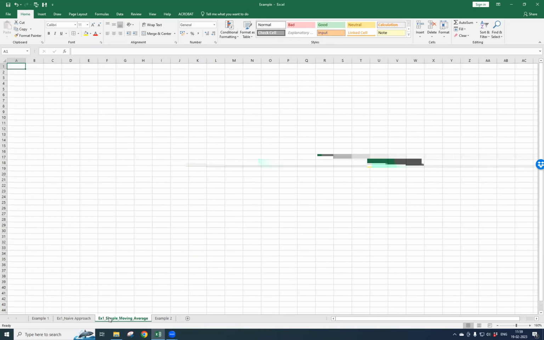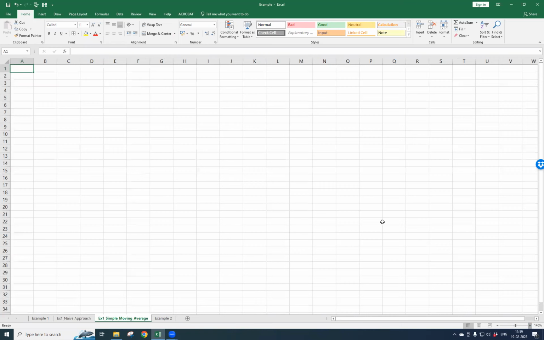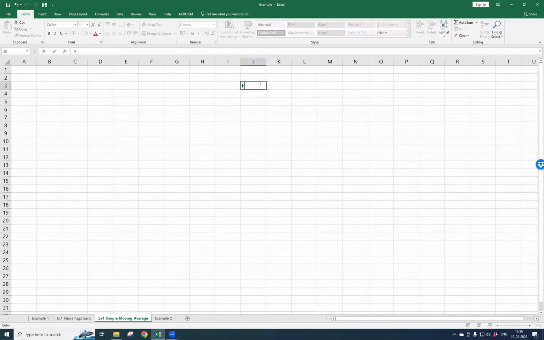So in simple moving average, as we have discussed in the previous classes, forecast for the future is merely going to be an average of the past values. So that is dt, dt minus 1, dt minus 2, and so on, right?